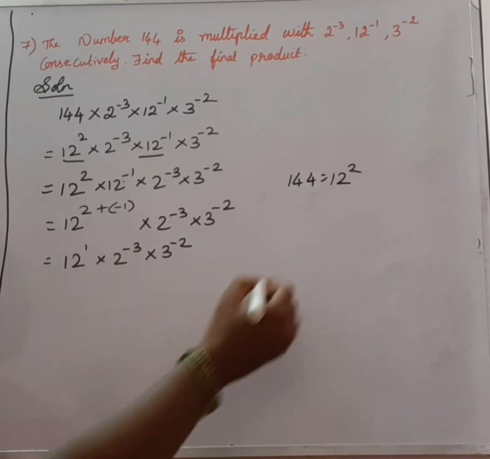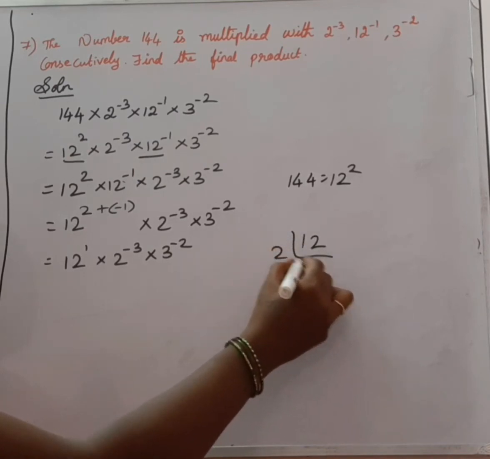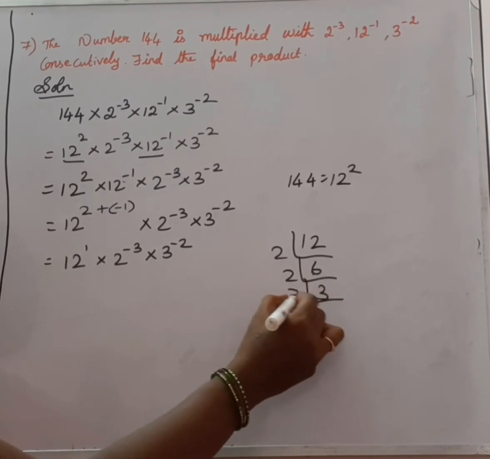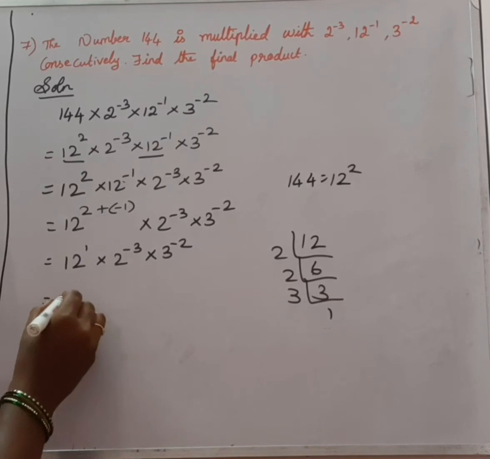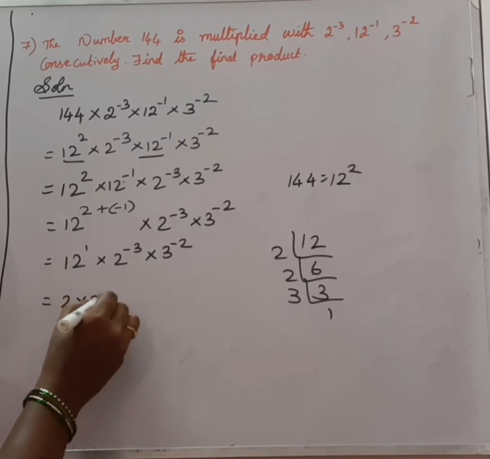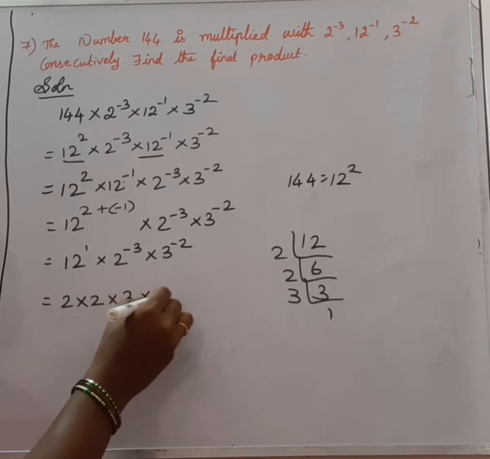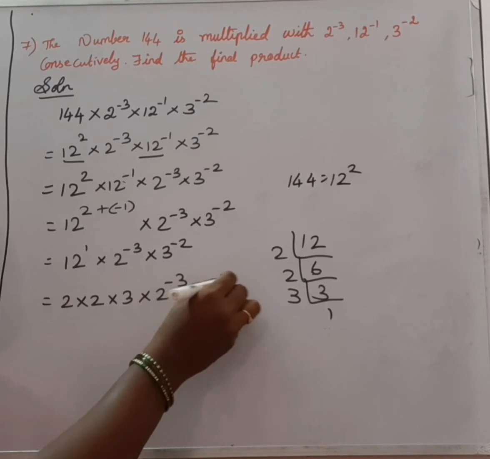Now this 12 can be written as 2 times 6, again 2 times 3, 3 times 1. So 12 can be written as 2 into 2 into 3, into 2 power minus 3 into 3 power minus 2.